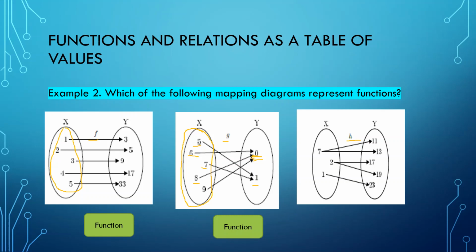So we have the ordered pairs here. I will write them: (5, 1), (6, 0), (7, 1), (8, 0).